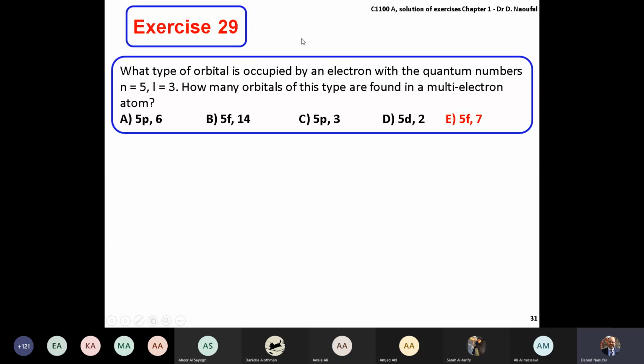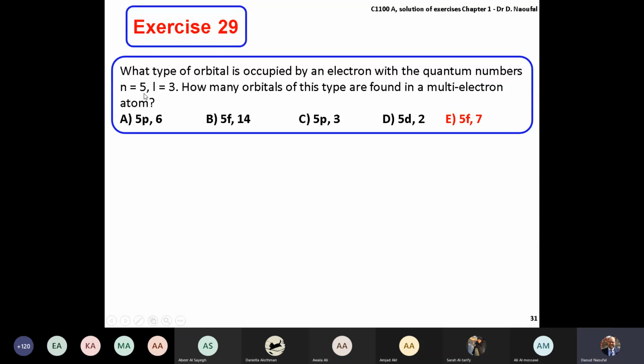Exercise 29. What type of orbital is occupied by an electron with the quantum numbers n equal 5, l equal 3? So this electron occupies n equal 5, l equal 3.